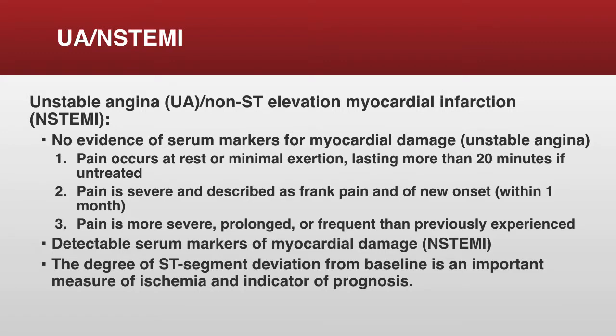With the NSTEMI, there are detectable serum markers of myocardial damage, and the degree of ST segment deviation from baseline is a really important measure of ischemia and an indication of prognosis as far as it going into a more serious STEMI event.